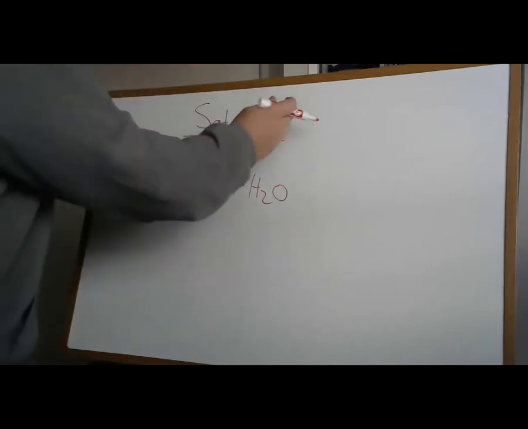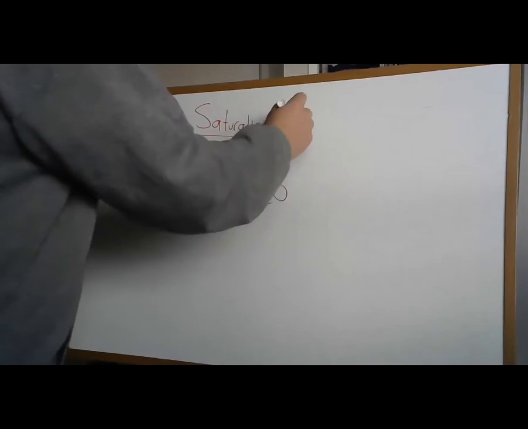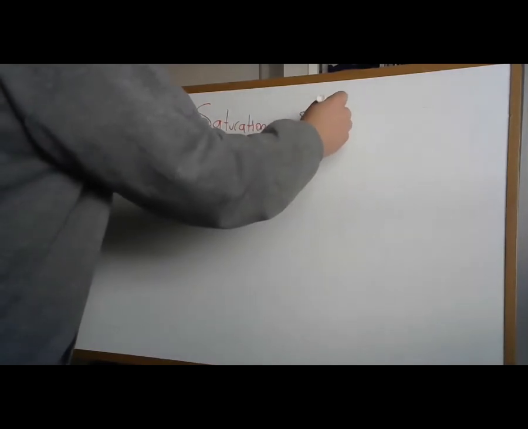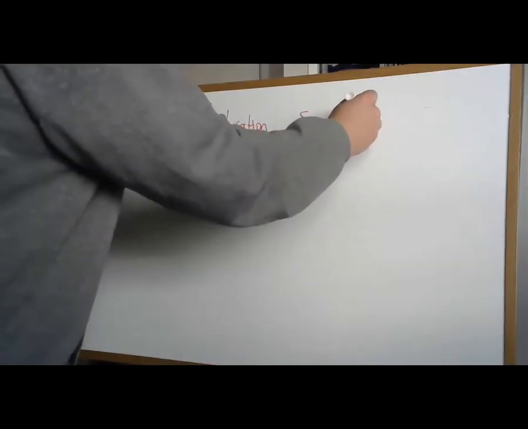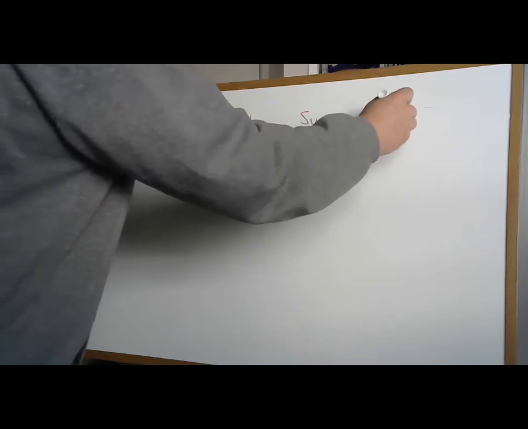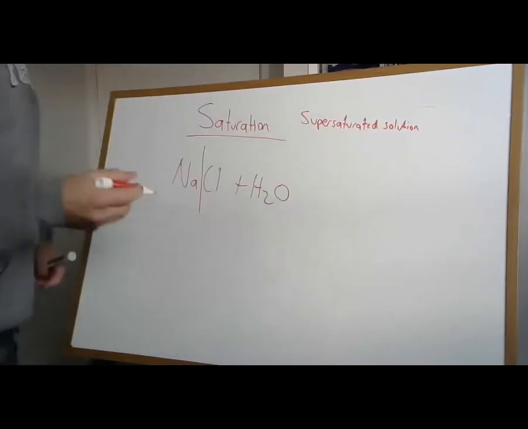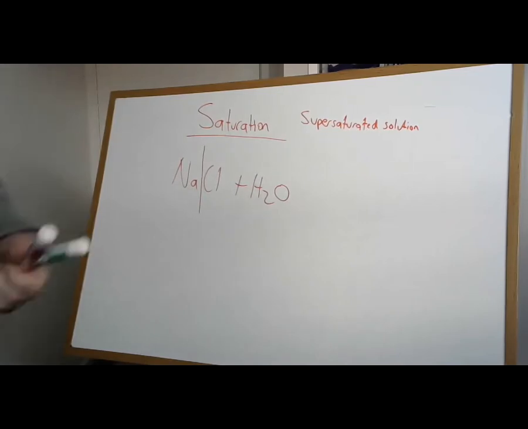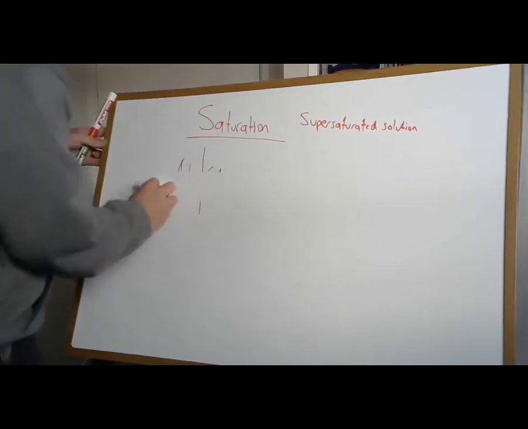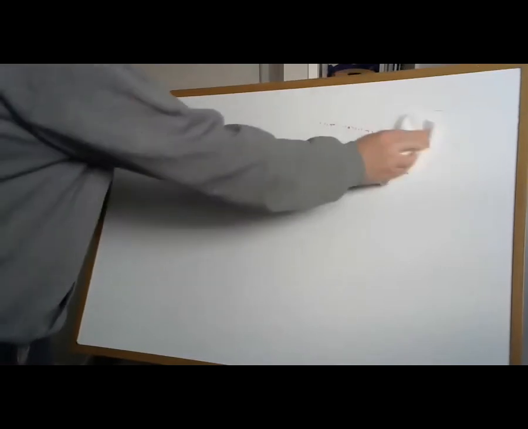Sometimes we can get a supersaturated solution, which allows you to go beyond that point. I won't go too much into that because that is regular chemistry, but it just gives you an idea of more background on solubility.